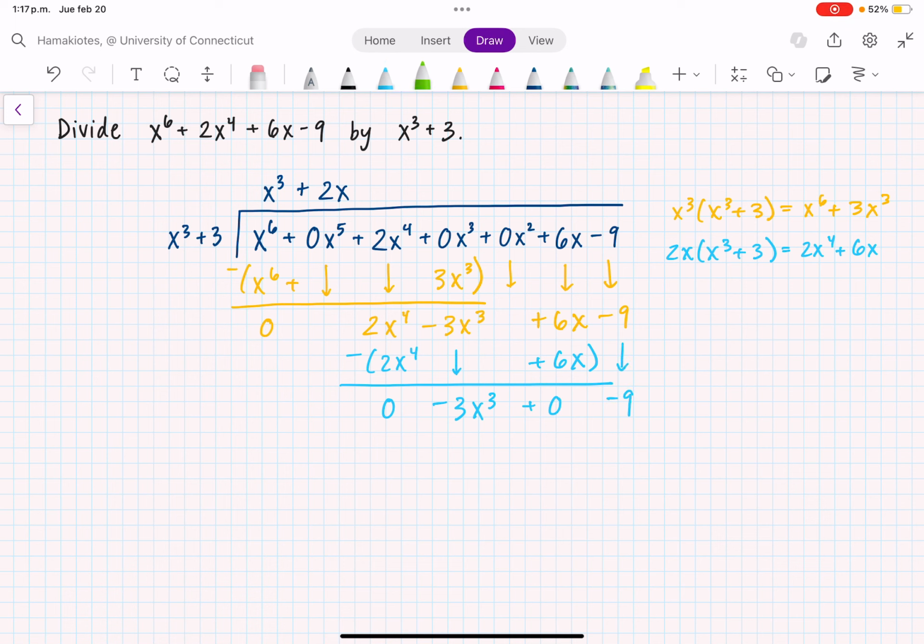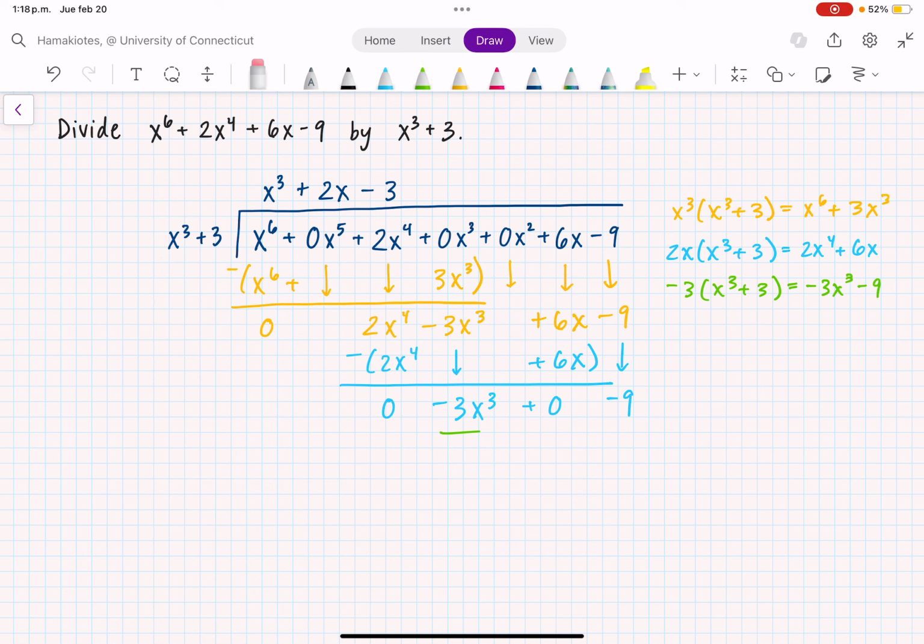So now what do I need to multiply x cubed by to get minus 3x cubed? Well, I can just multiply by minus 3. So minus 3 times x cubed plus 3 gives me minus 3x cubed minus 9.